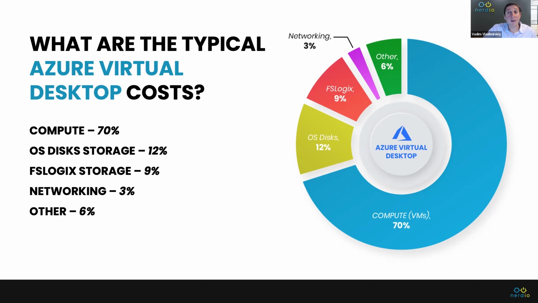So you have your VMs that are running the session hosts, you have the operating system disks that are attached to those VMs, and then you have the storage of FSLogix profiles, which is typically done on Azure Files or Azure NetApp Files. And those are the three areas where Nerdio Manager focuses a lot of its technology on optimizing and dramatically reducing the cost of an AVD deployment.